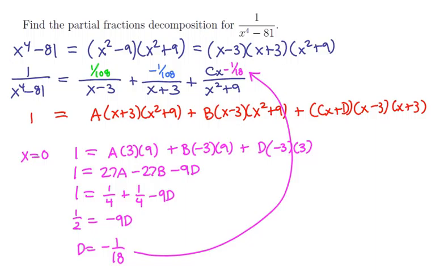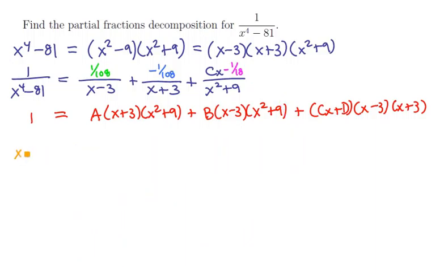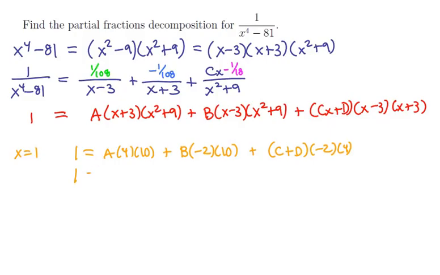We need one more test value to find the last one. So x equals 1 is as good a choice as any. This is going to get us 1 equals A times 4 times 10 plus B times minus 2 times 10 plus C plus D times minus 2 times 4. So that's going to get us 1 is equal to 40A minus 20B minus 8C minus 8D. And now we can replace A, B, and D with their known values.